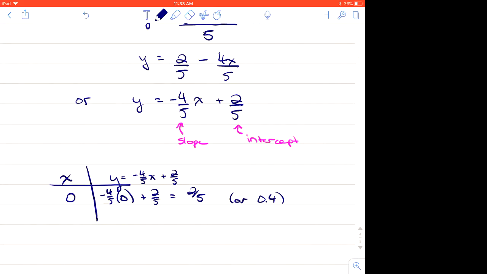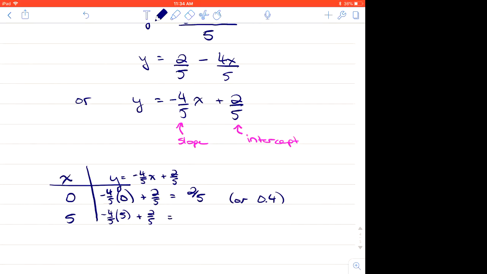How about what would make our fractions go away or look a little bit better? x equals 5 would do that. Because if we use x equals 5, we get negative 4 over 5 times 5 plus 2 over 5.